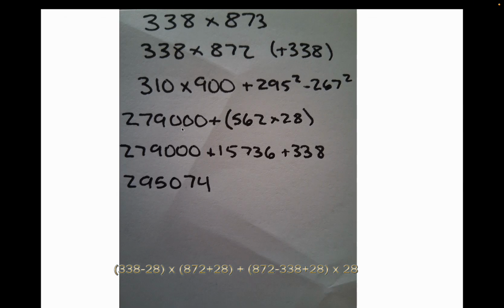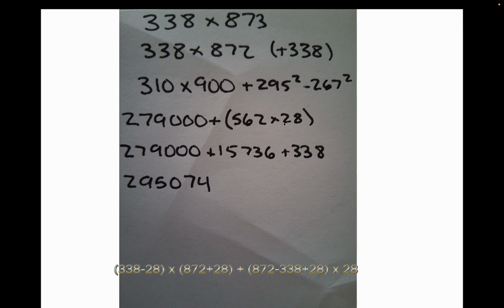Then we need to add to it the amount that we moved up and down times the original difference plus the amount we moved up and down. So 562 times 28. So I've written out the steps to get there, but really you could immediately move. You don't need to think or write 295 squared minus 267 squared. By moving 28, you should be able to quickly come up with 562 times 28.